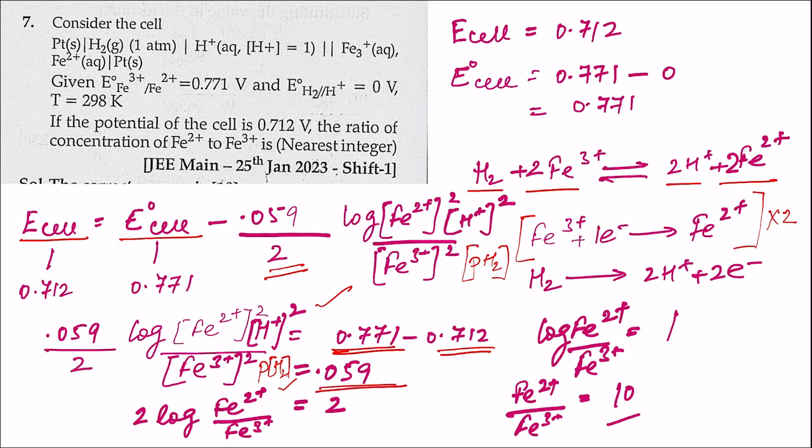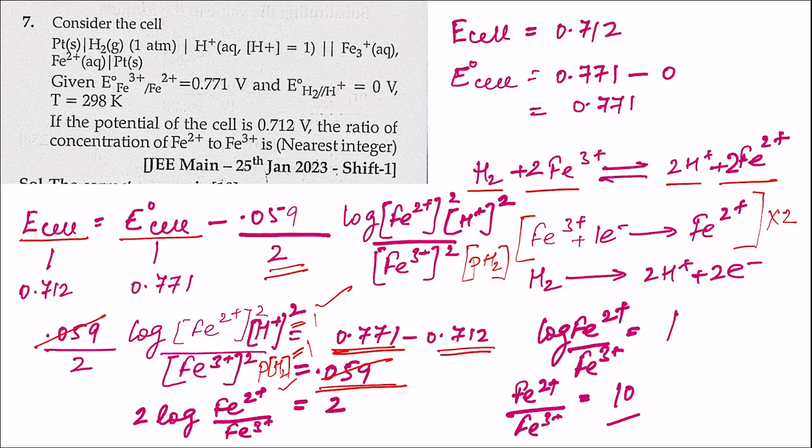Solving, now H plus raised to the power 2, this is equal to 1. H plus ion concentration is 1, so 1 square is 1. Partial pressure of hydrogen is also 1. Log Fe2 plus raised to the power 2 divided by Fe3 plus raised to the power 2 will be 2 log Fe2 plus by Fe3 plus. Now here 0.059 and 0.059 cancel. 2 goes to the right hand side.